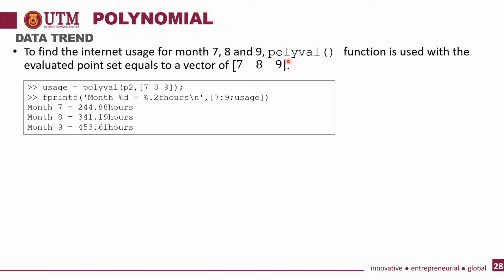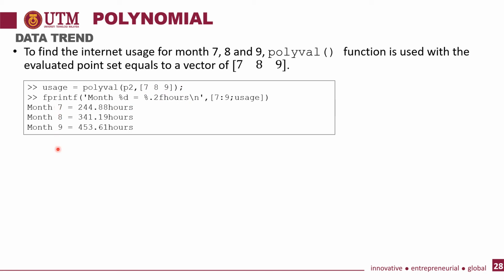You already have the trend, and you want to estimate the internet usage for the next months, so you use polyval, the evaluation of the polynomial expression. Here we are choosing P2 because P2 is more accurate with less computational cost. So this is month 7, month 8, and month 9, and then you will get the output like this.